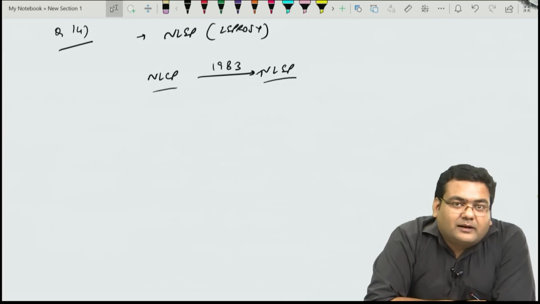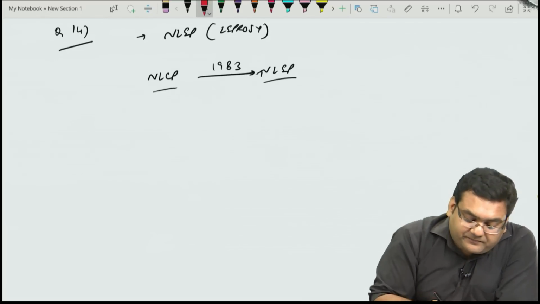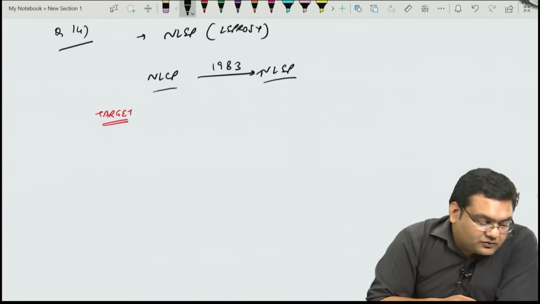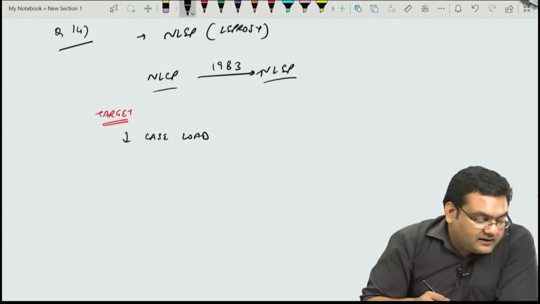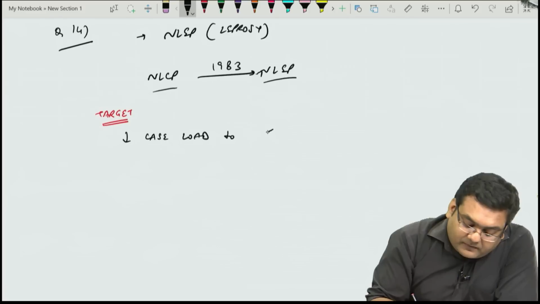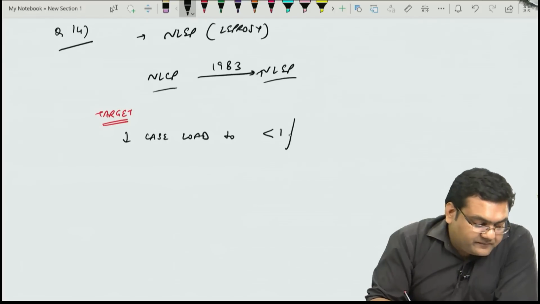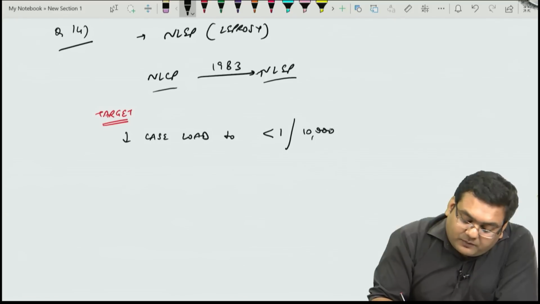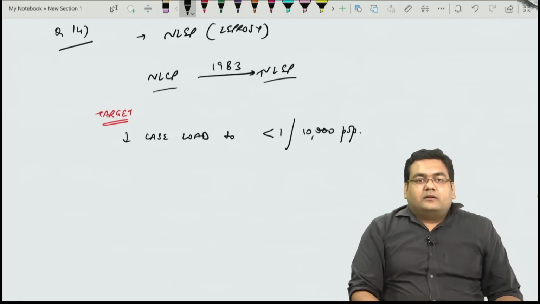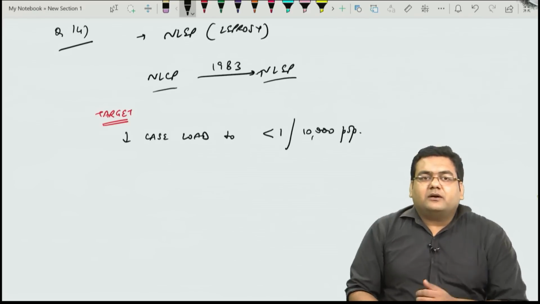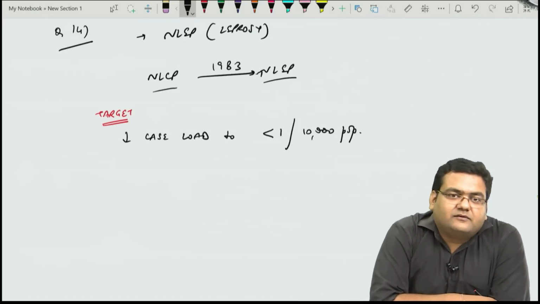Now, under this program, what is the target? The target was to reduce the case load to less than 1 per 10,000 population, which has been achieved in some parts of the country, but other parts are yet to achieve it.